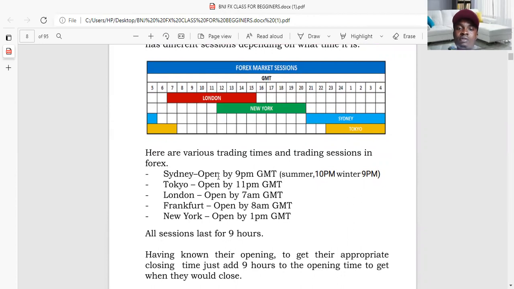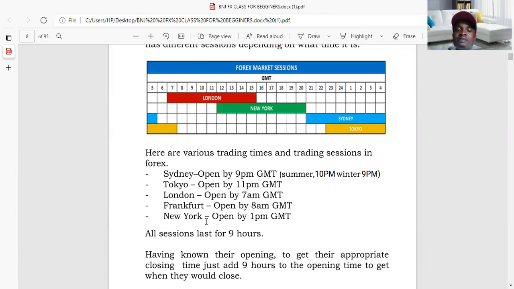Sunday opens by 9 p.m. GMT. Tokyo opens by 11 p.m. London opens by 7 a.m. Frankfurt opens by 8 a.m. while New York opens by 1 p.m.